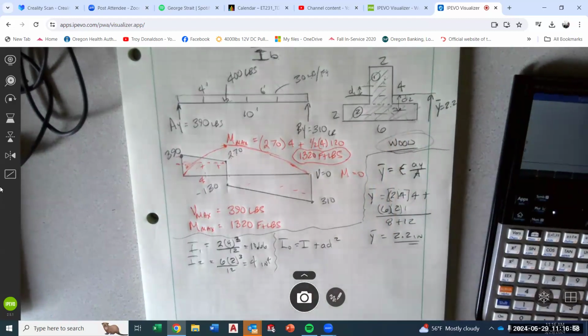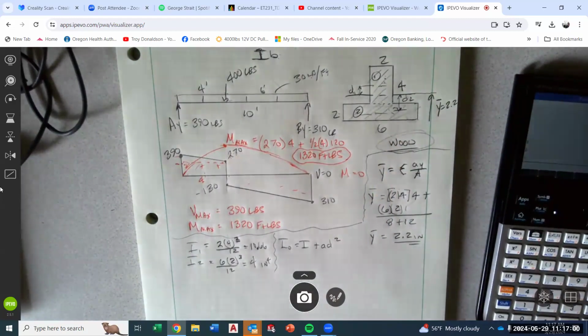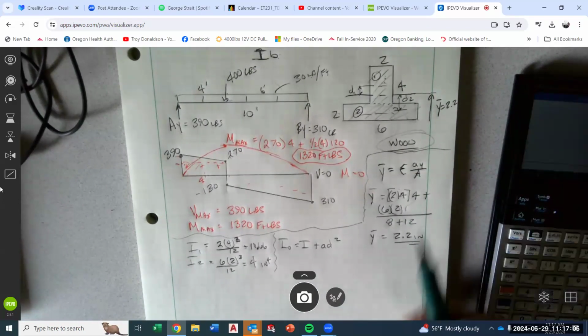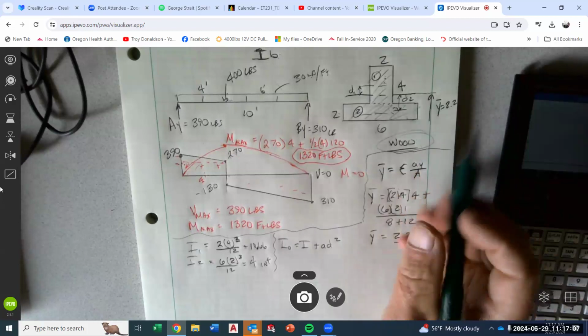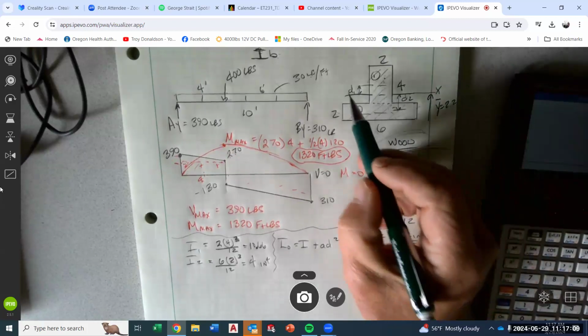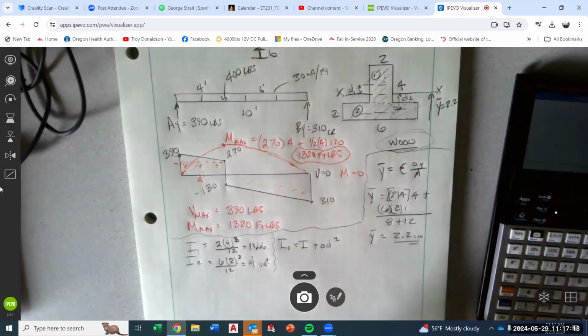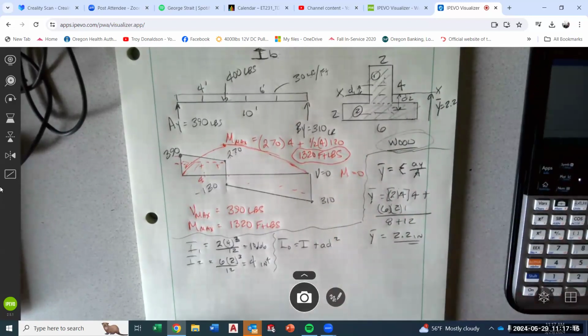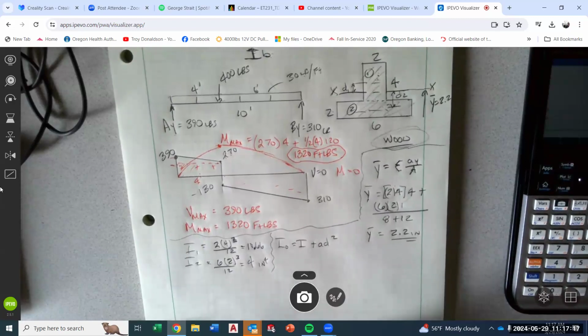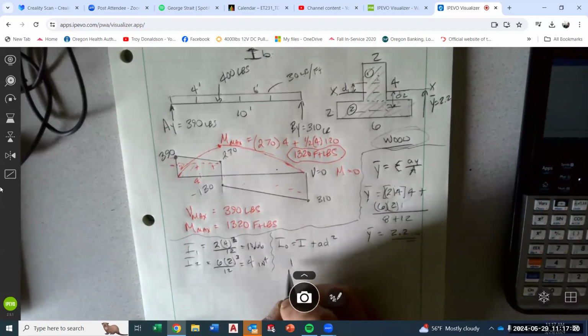So when we go to transfer, that transfer distance is from centroid to neutral axis centroid, or that combined XX axis that we had located with y bar. Okay, so try to be super careful here. I'll transfer the first one.